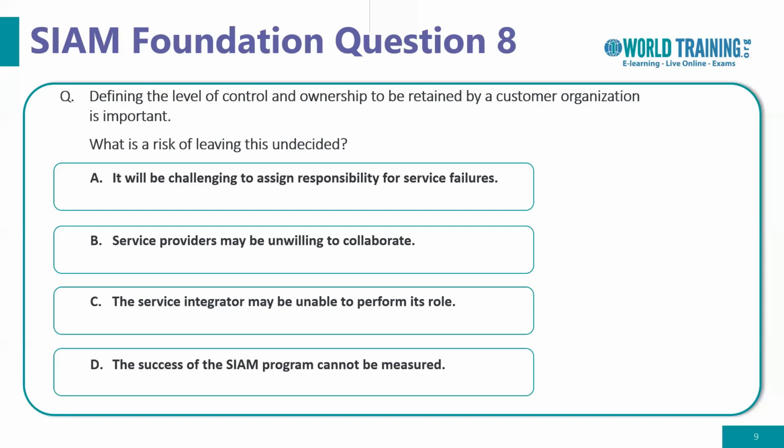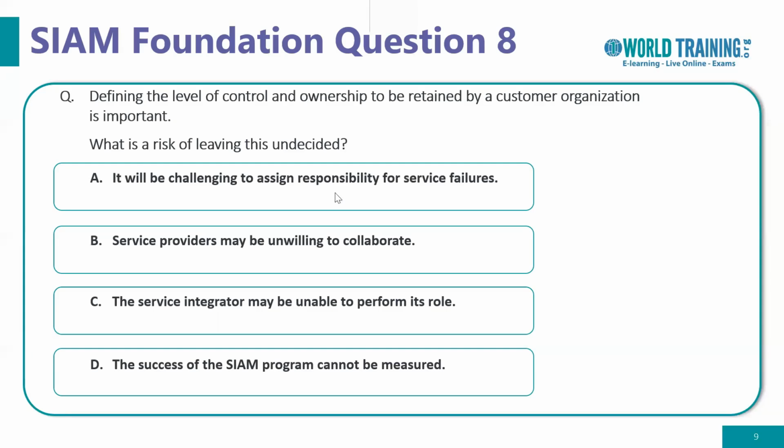Then what will happen is I need to again have the same kind of a multi-sourcing environment. But if I give a level of ownership and control, keep it in my hand, but I'll not micromanage, I'll empower. So if that kind of thing is not decided, then what is going to happen is the service integrator will be directly impacted.